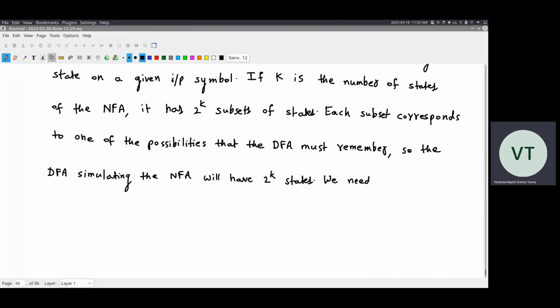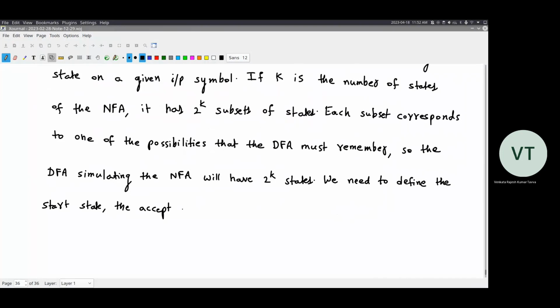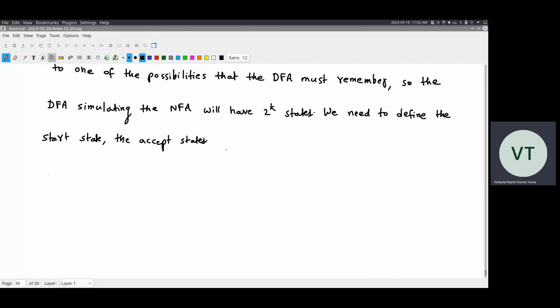We need to define the start state, the accept states, and the transition function of the DFA accordingly.